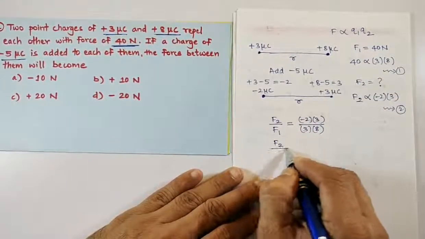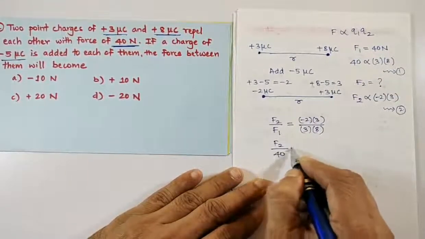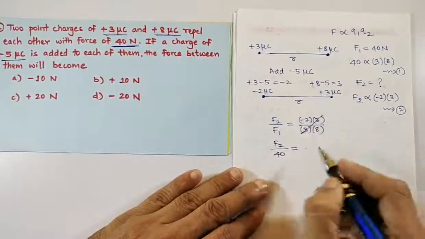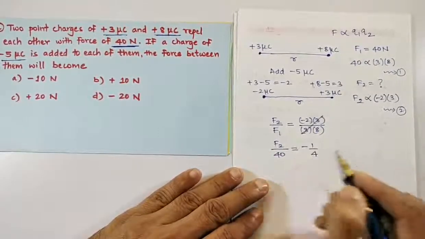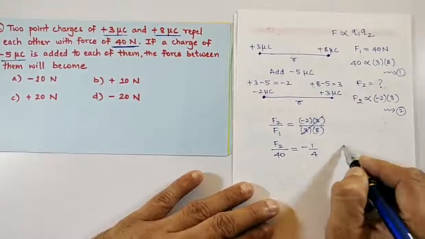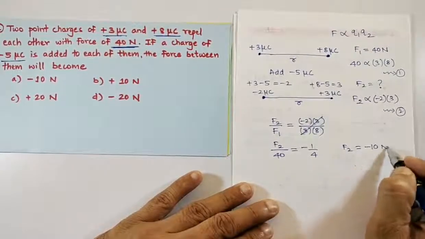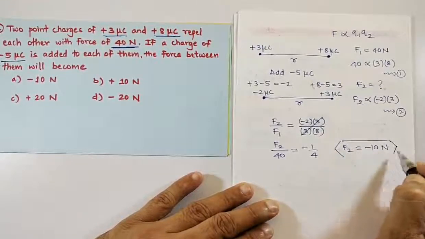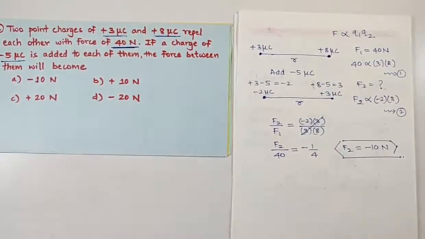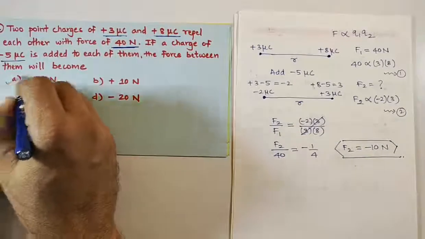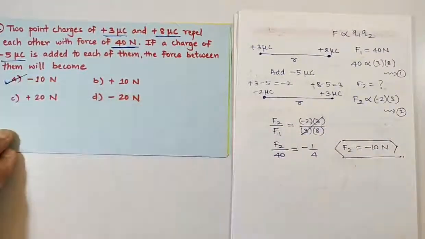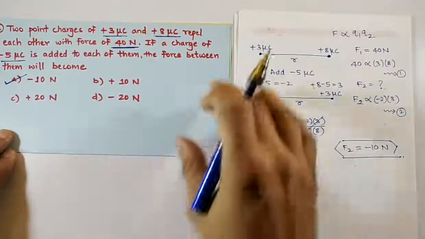So you will have F2 divided by 40 is equal to, 3 gets cancelled, minus 1 by 4. So simplify, you will get F2 is equal to minus 10 Newton. So our answer is A. Clear, students?